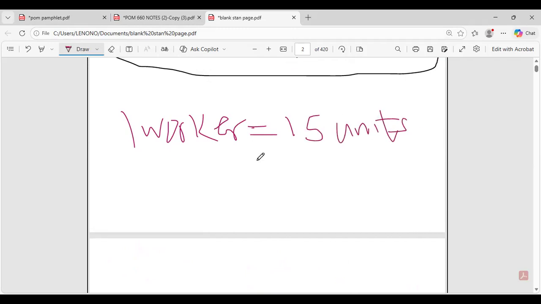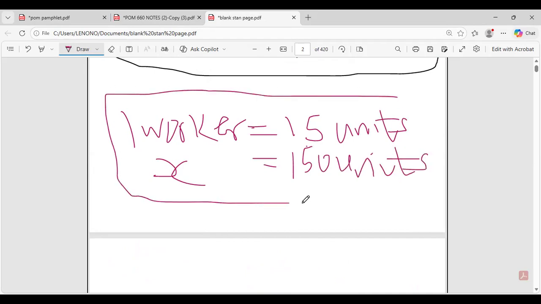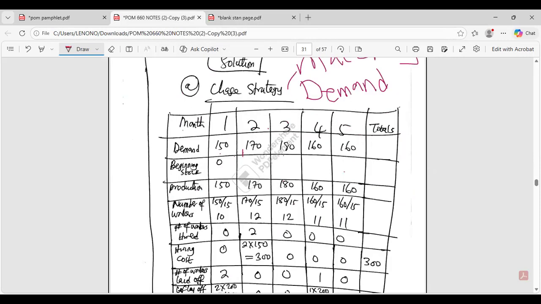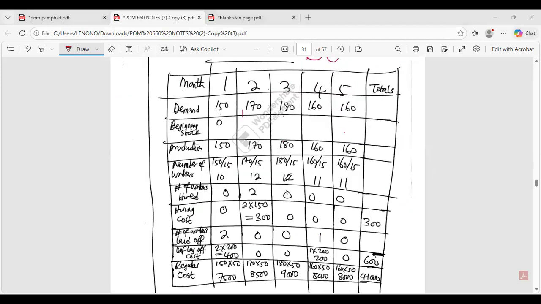Now, how many workers will be required to produce 150 units? So you start dividing. This is how you're getting these values. So these are the number of workers.